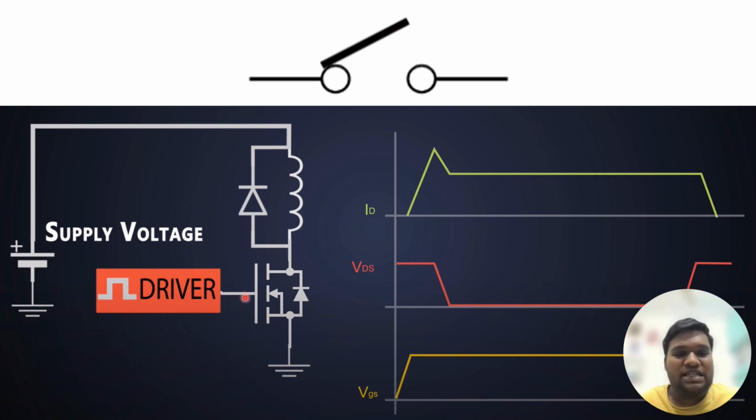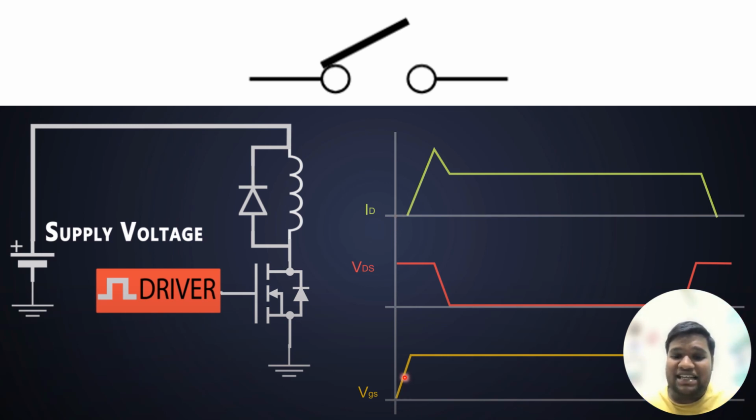And if you see, this is the gate terminal where we have provided a certain amount of voltage. And we also have the supply voltage as well as the ground. So we have our source and drain terminals respectively. Now, to understand the operation of a MOSFET: initially VGS, the voltage between the gate and source, is zero, so there is no ID, the drain current.